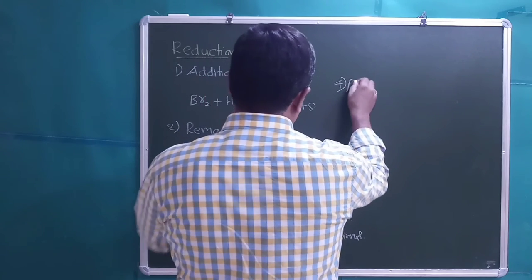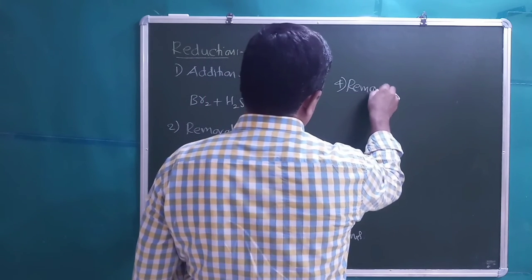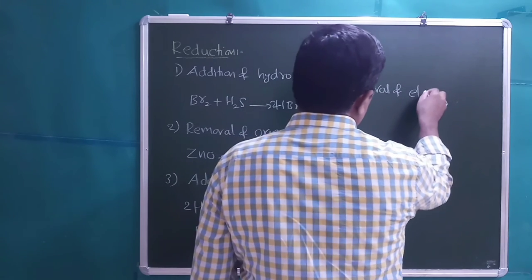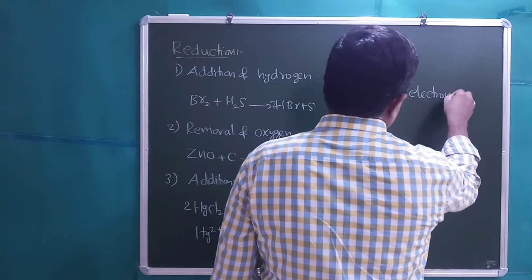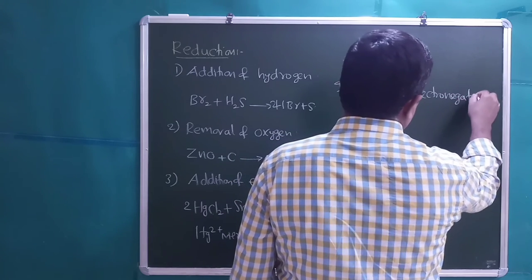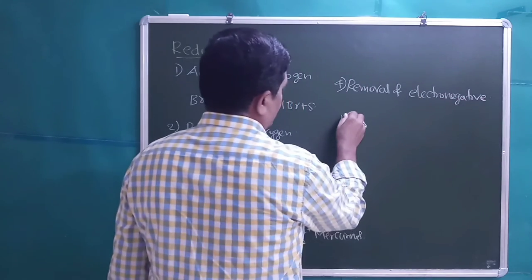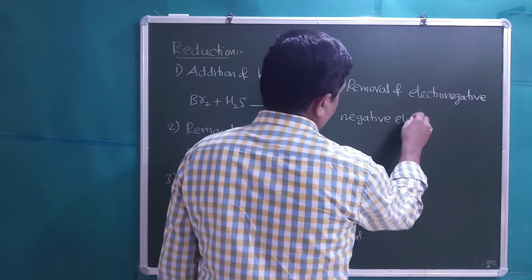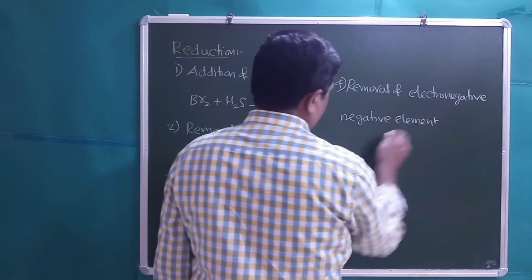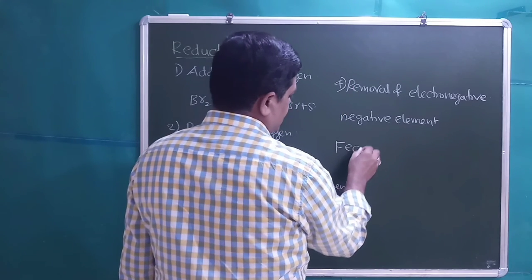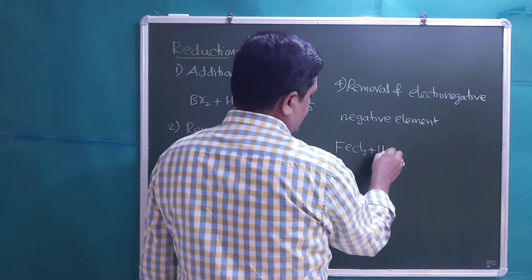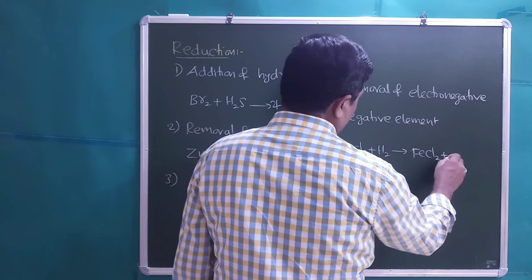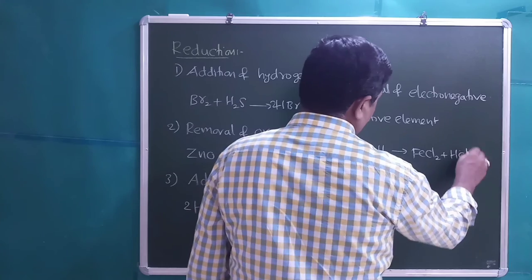Then removal of electronegative element. For example, FeCl3 treated with H2 gas gives FeCl2 plus HCl.